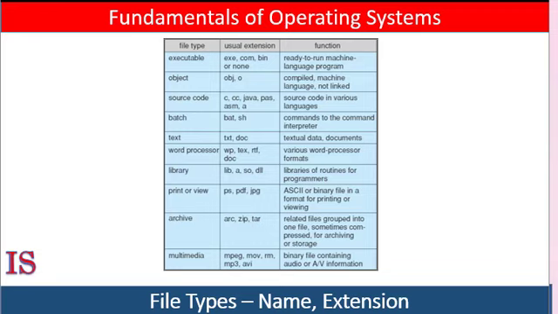Some operating systems impose and support a minimal number of file structures. This approach has been adopted by Unix and Windows and others. Unix considers each file a sequence of 8-bit bytes. No interpretation of these bits is made by the operating system.